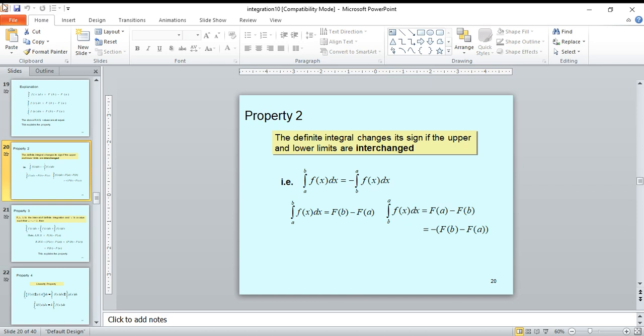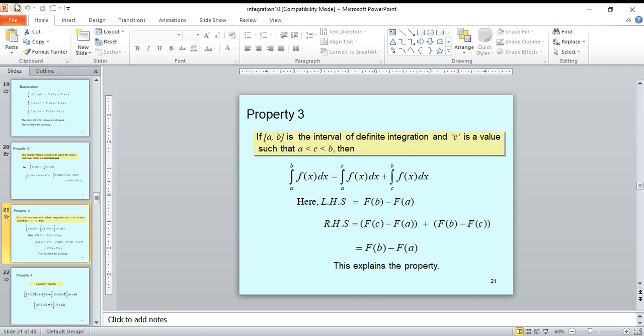So the upper and lower limits change, and the integral sign also changes. Symbolically, integration from a to b of f of x dx equals capital F of b minus capital F of a. Integration from b to a of f of x dx equals capital F of a minus capital F of b. Therefore, integration from b to a is minus of capital F of b minus capital F of a.